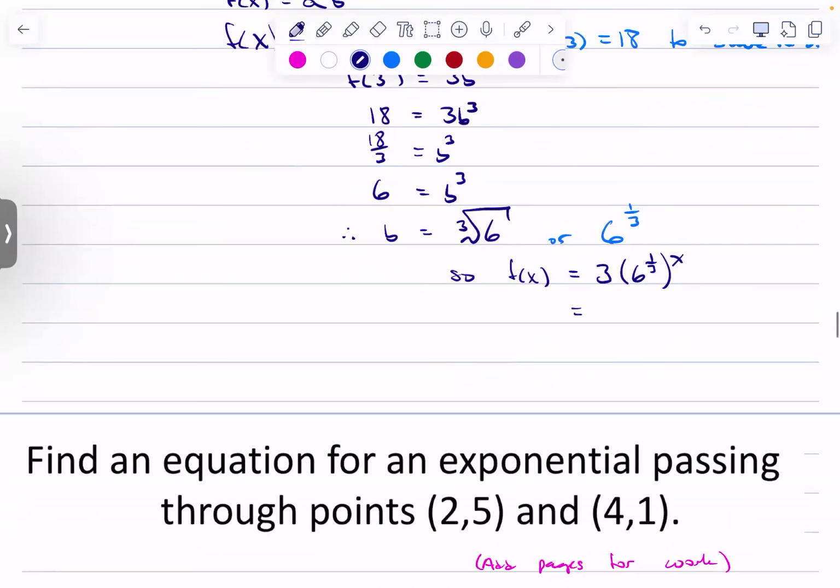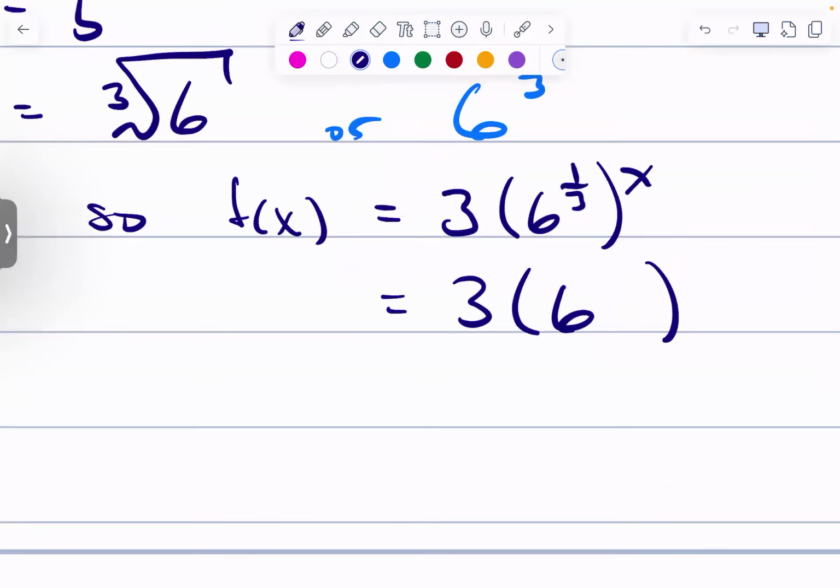And so then I get 3 times 6 to the power of x/3. Notice that the x/3 is just on the 6, and so you want to make sure you use some brackets there. And the more I look at it, the uglier it is.